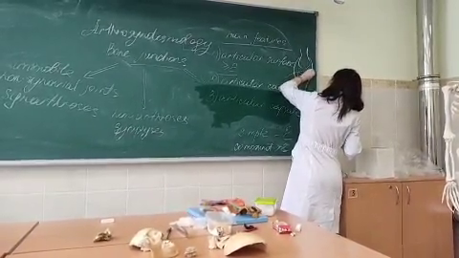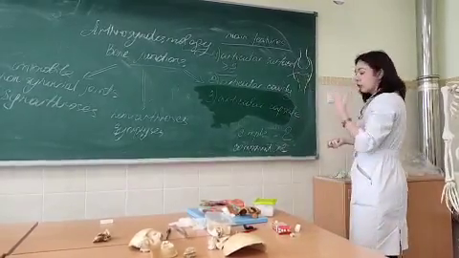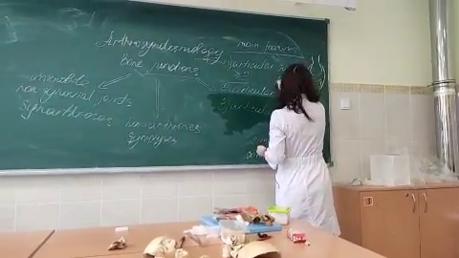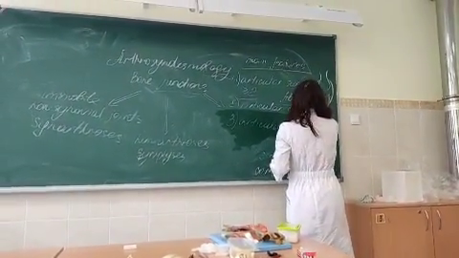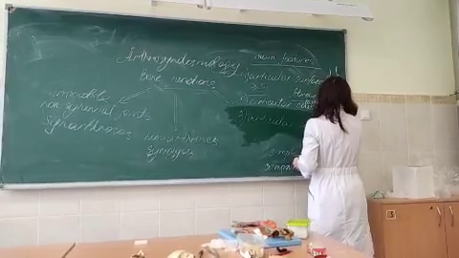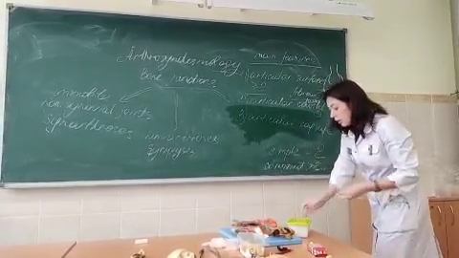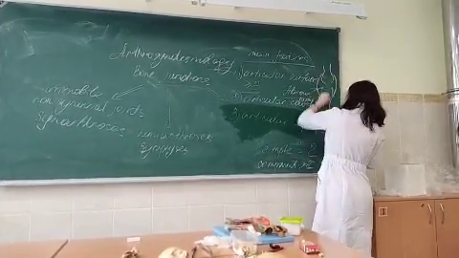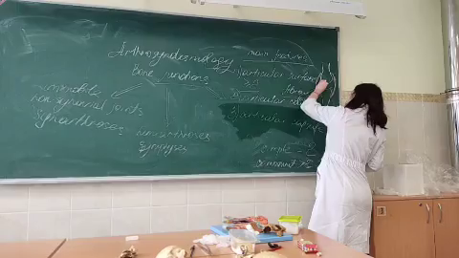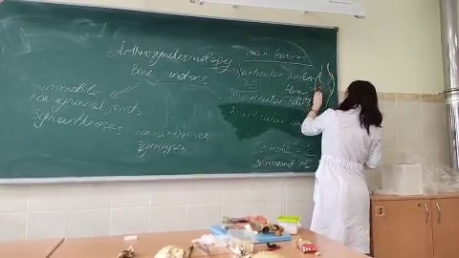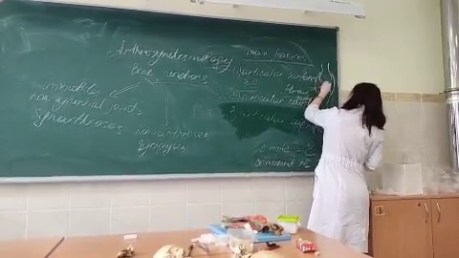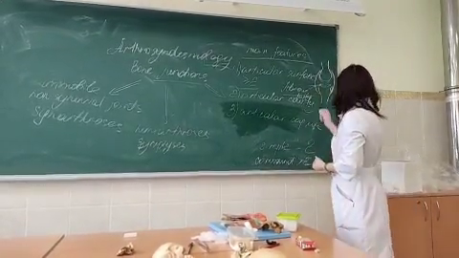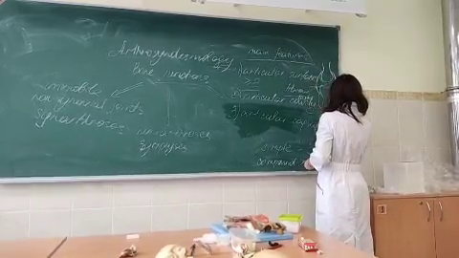In the articular capsule, 2 layers are distinguished. The external layer is named the fibrous layer. It is just formed by connective tissue, and it serves for protection. The internal layer is named the synovial layer.